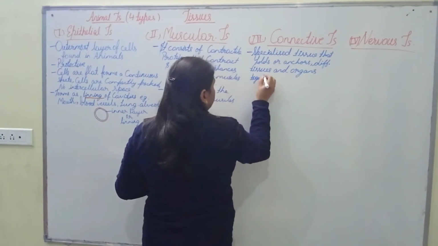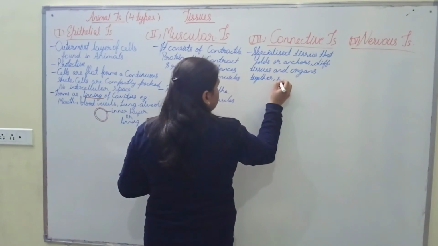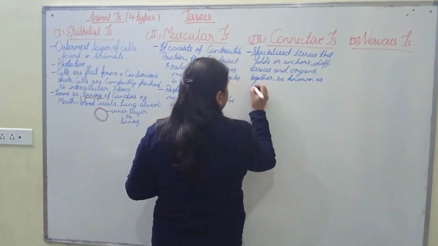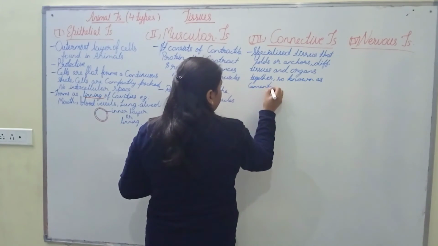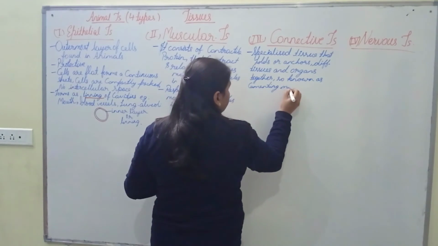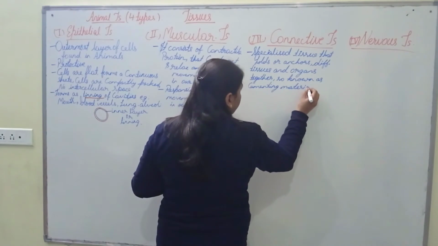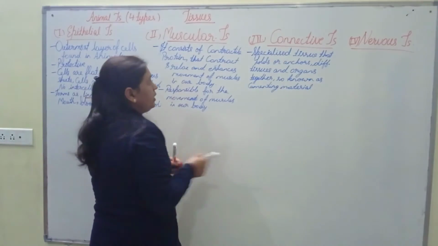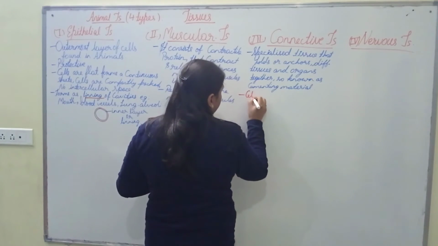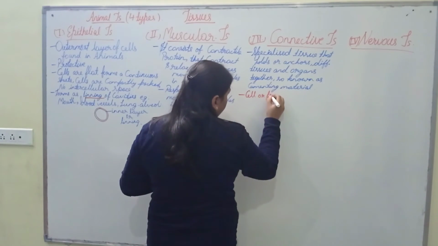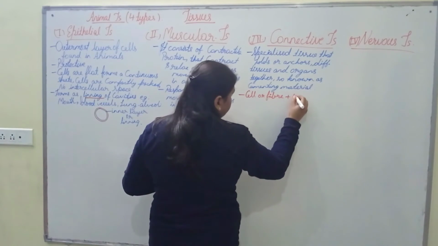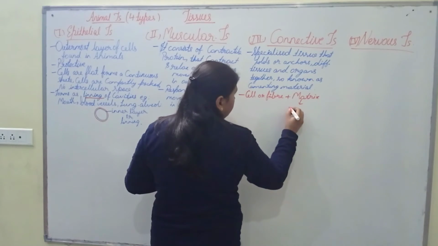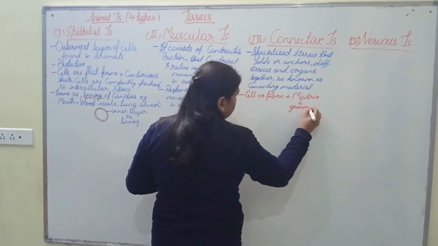So it is known as cementing material. This connective tissue is made of cells or fibers plus matrix, and this matrix is the ground substance.